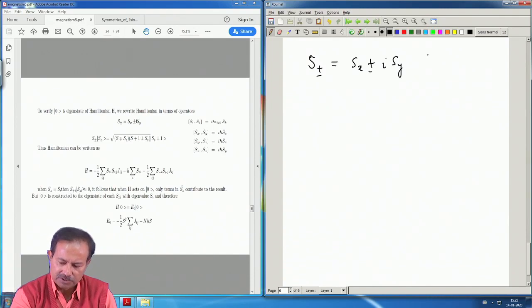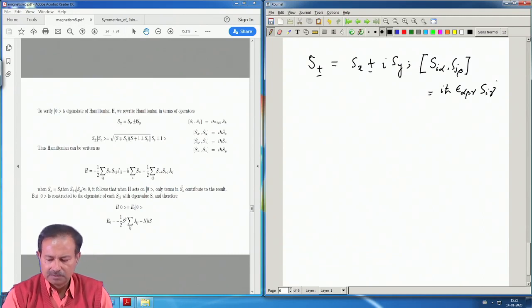the commutation relations, as I wrote down earlier: [S_i^alpha, S_j^beta] equals i h-bar epsilon_alpha beta gamma S_i^gamma.